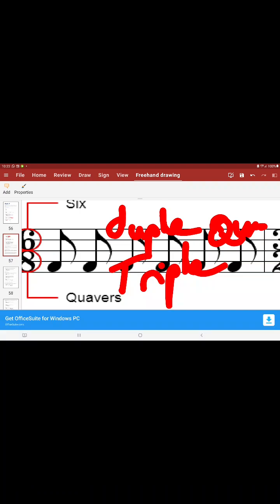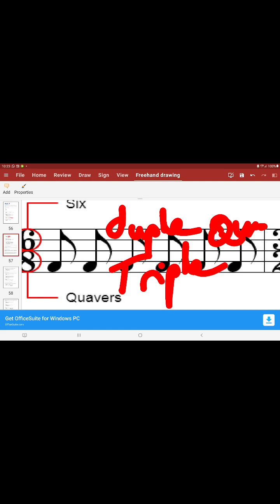So the full name is simple double. 3/4, triple, so simple triple. Now look at quadruple. Quad, 4. So 4/4, how many in a bar? 4 in a bar. So see that as simple quadruple. Because we still have compound double, compound triple, compound quadruple.